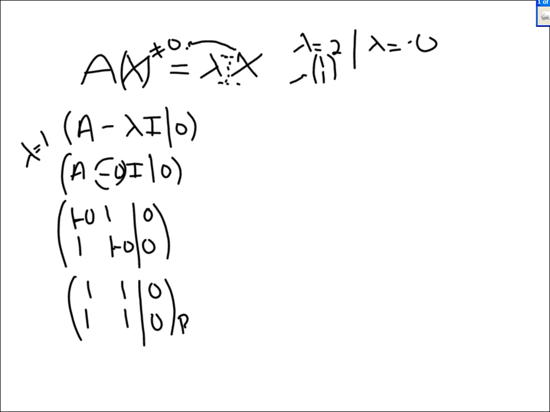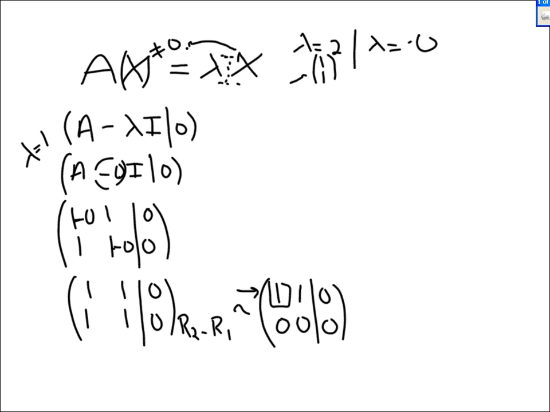Now, if I just do row 2 minus row 1, since the rows are identical to one another, when I subtract, I get the 0 row, and this matrix is in RREF form. First row has a leading 1, second row does not. Look at the first column, yeah, there's a leading 1. Look at the second column, no leading 1.